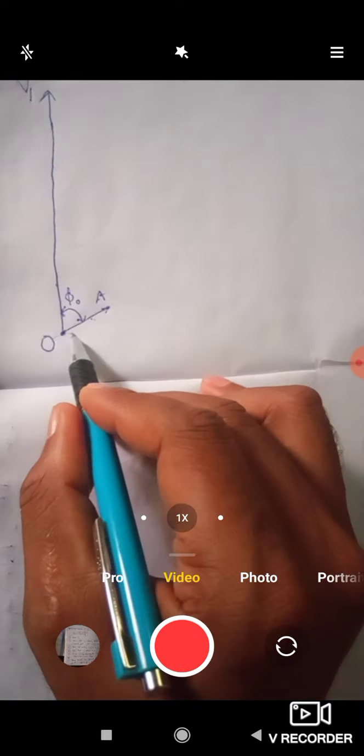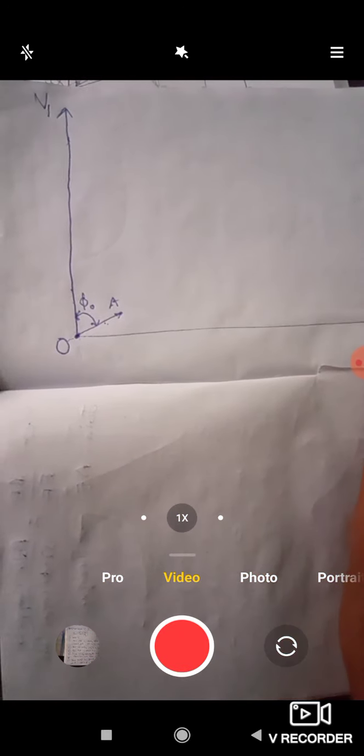We also have to draw a horizontal line, the x-axis. Now after drawing OA, draw line OB. This is OA and OB is ISN. OB represents ISN.